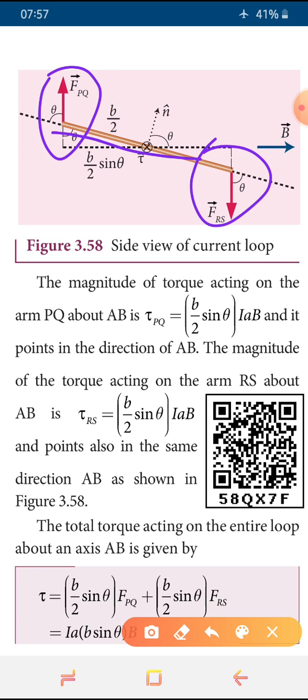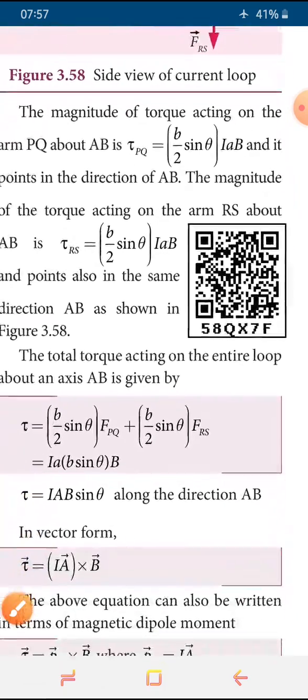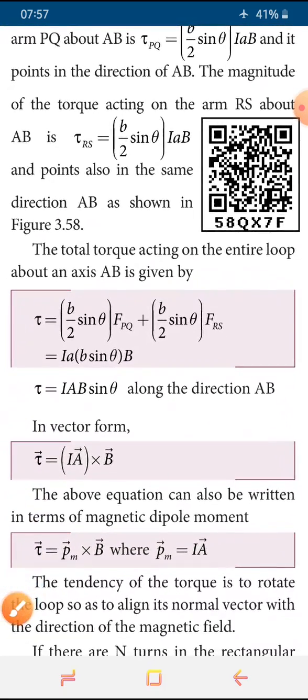Same direction AB, and the total torque we can write by adding these two arms' torques. Tau is equal to b by 2 sin theta FPQ plus b by 2 sin theta FRS. And the equation will become IAb sin theta.